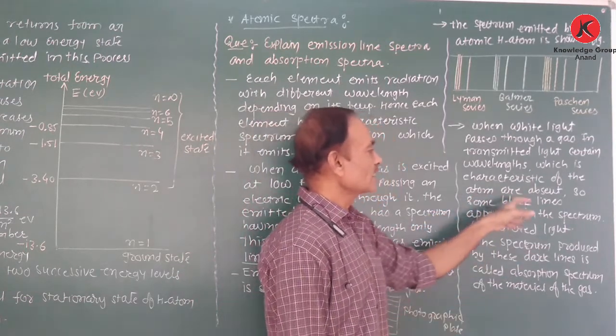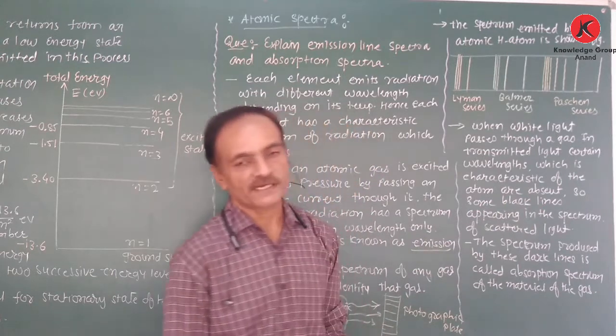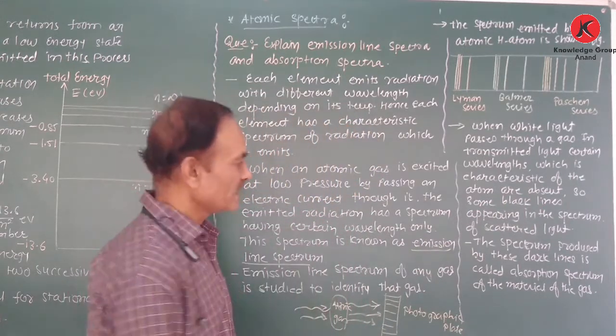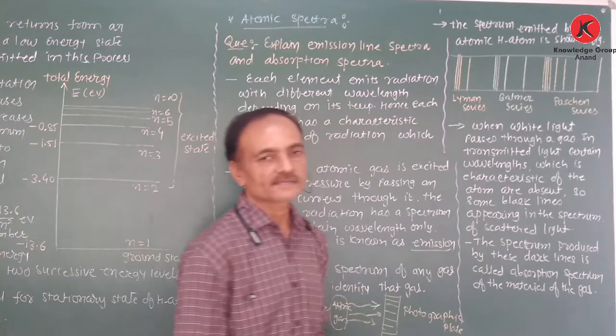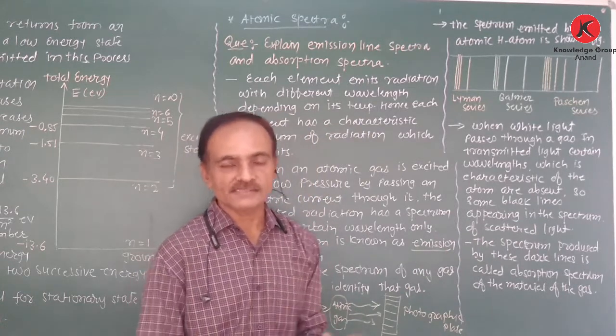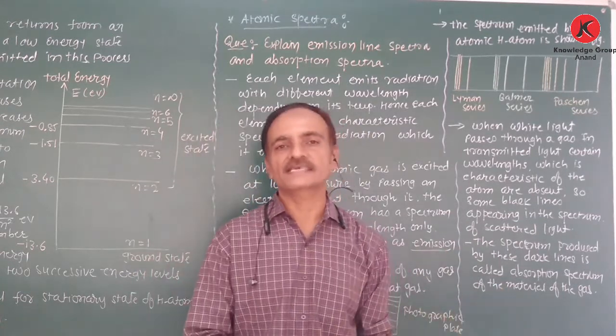So some black lines appear in the spectrum of the transmitted light when white light passes through the atomic gas.